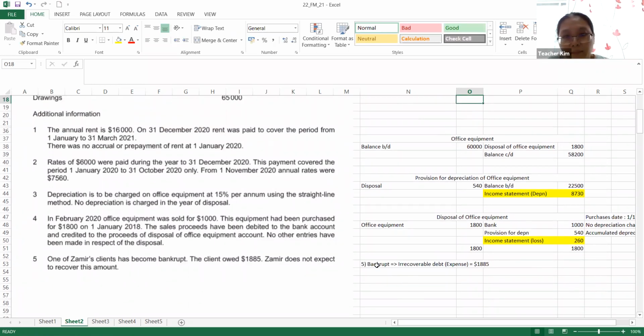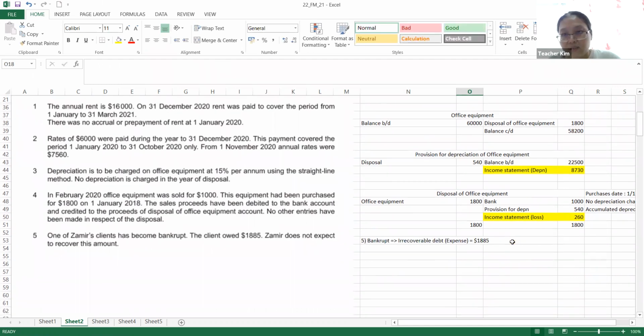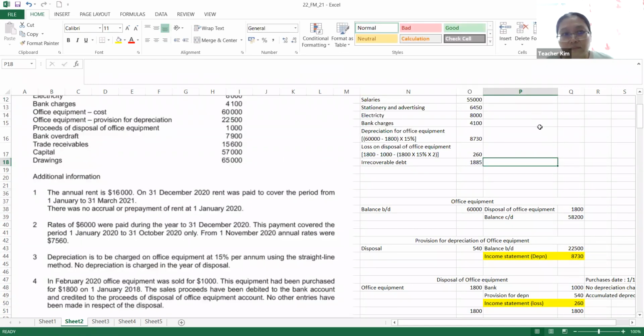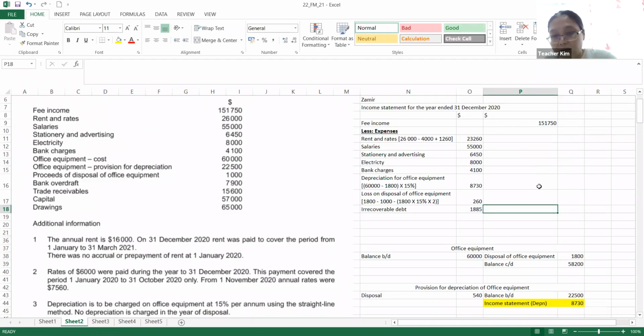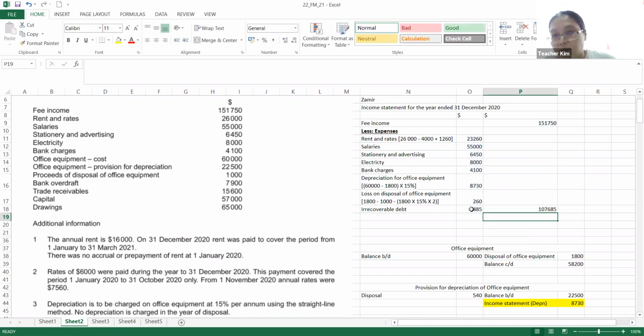Okay, now what else? I think no more. Bankrupt here. Irrecoverable debt. Irrecoverable debt, which is 1,885. So all the account we taken. So now we can subtotal. So take this minus this. So this is our profit.